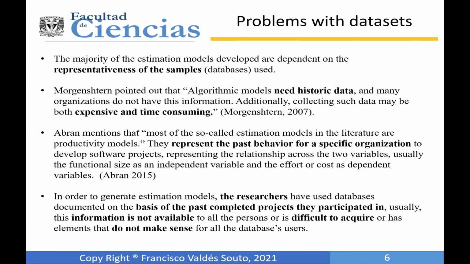So generating data is expensive and time consuming. Abran also mentioned that most of what are now called estimation models are in reality productivity models. What does it mean? That these models represent the past behavior of the projects in that organization, considering all the variables involved.